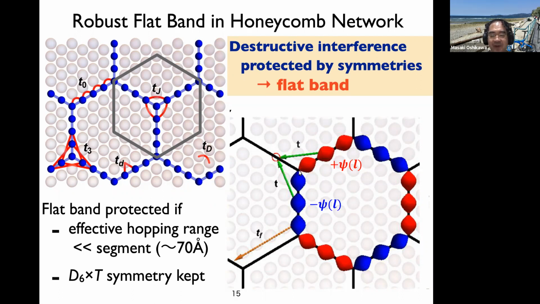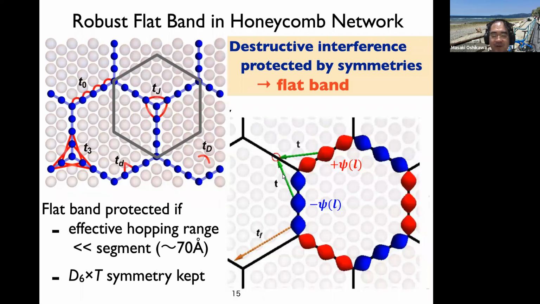So the wave function must be asymmetric. The standing wave, localized wave function must be asymmetric with respect to reflection about this axis. So the hopping from here is cancelled by hopping from here.